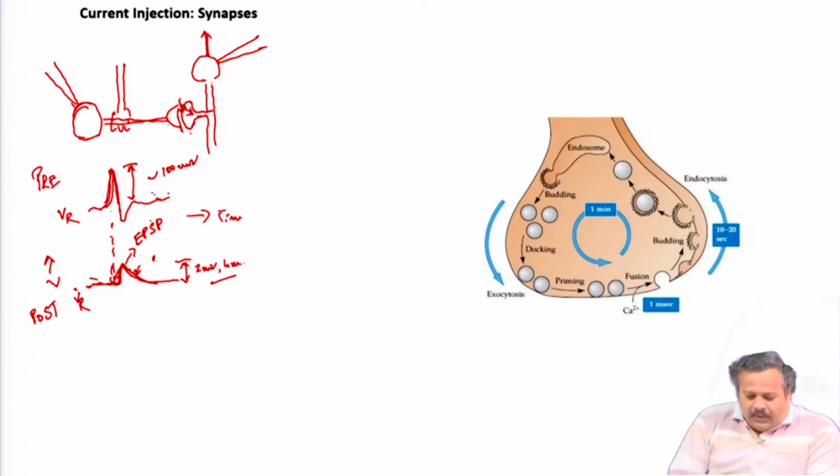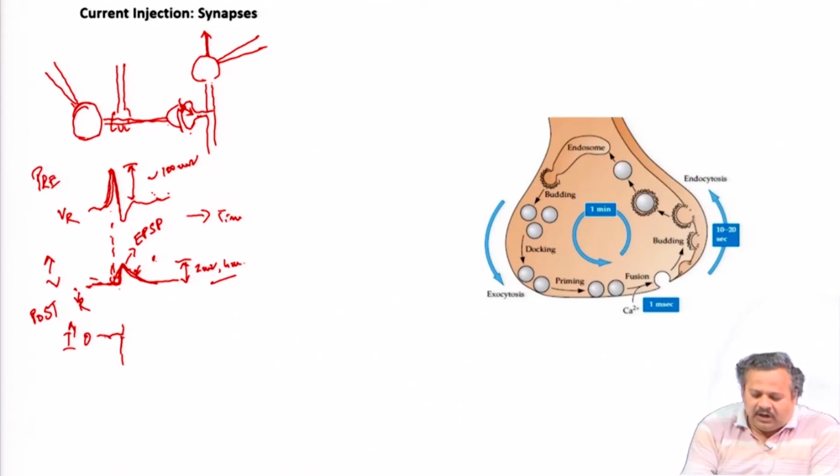In this particular case, if we alternatively measure the current being injected into the postsynaptic side through a voltage clamp, by keeping the membrane potential at V rest, and measure the current here, we will see a similar stage.